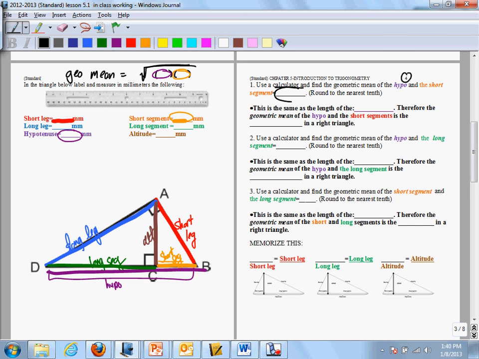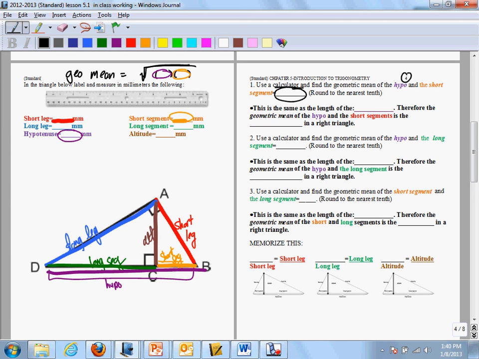Take your measure for the hypo and the measure for the short segment, multiply them and square root. You're going to get a number.